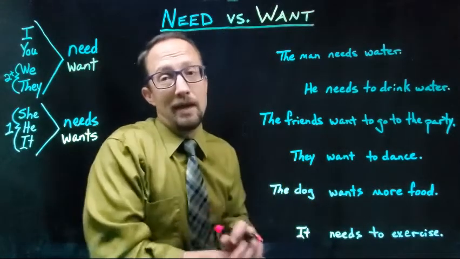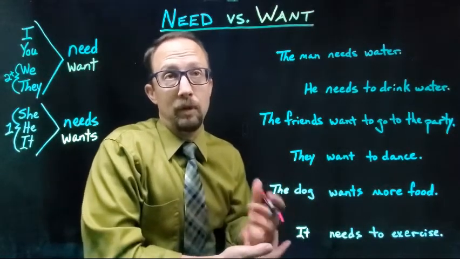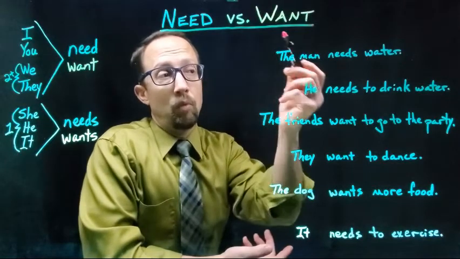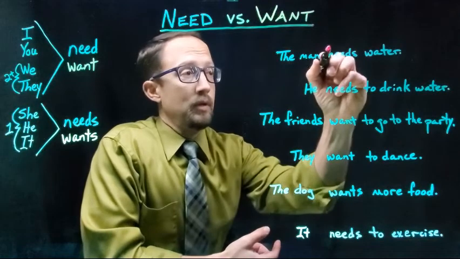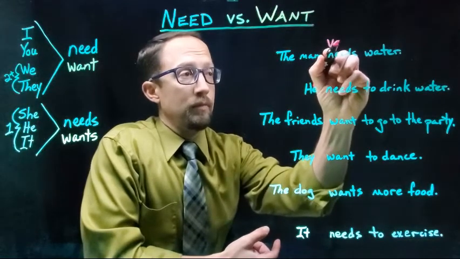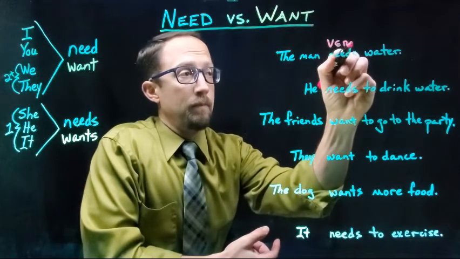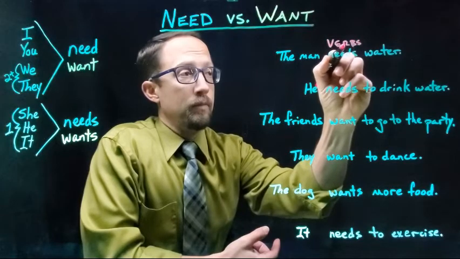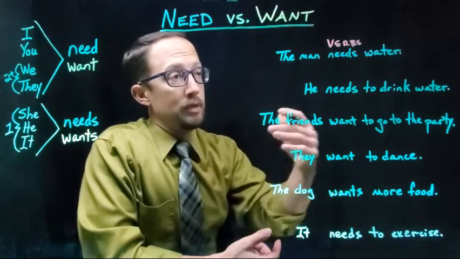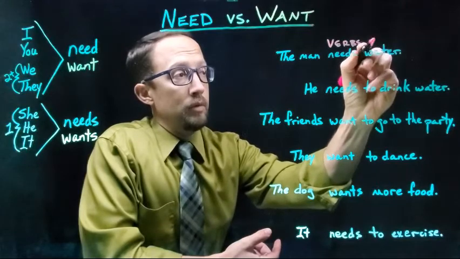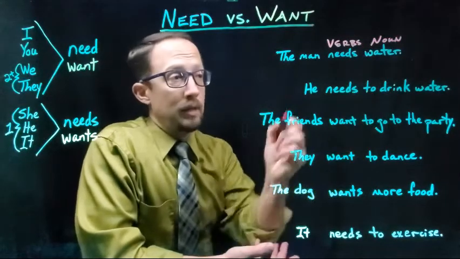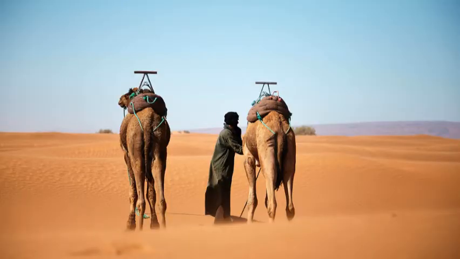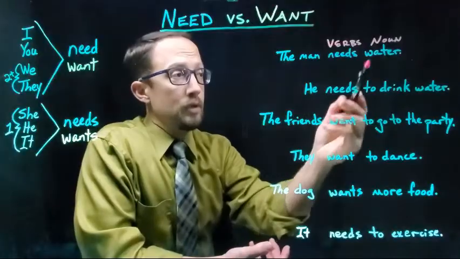Let's look at some examples. So need and want, they are verbs. Okay, they are verbs. And you can put a noun in a simple sentence like, the man needs water. You can use a noun.